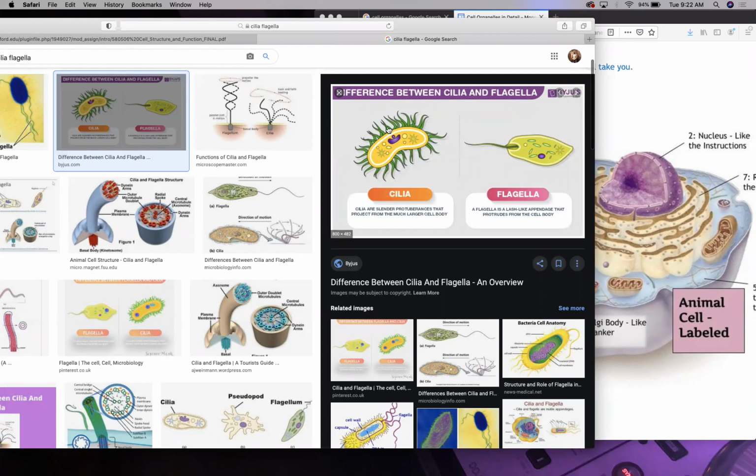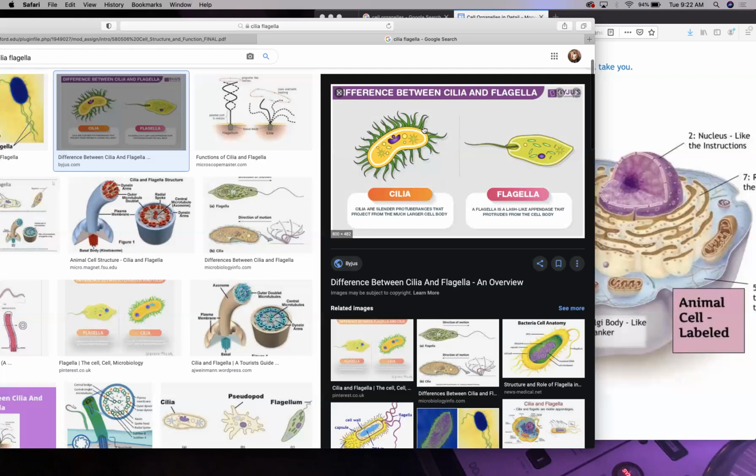They also use it for protection. Maybe you've seen this before. So they are pretty much a projection of this cell wall. Same thing with the flagella. Now, flagella form like a little tail, kind of like sperm, and then it swashes around so that it provides movement.